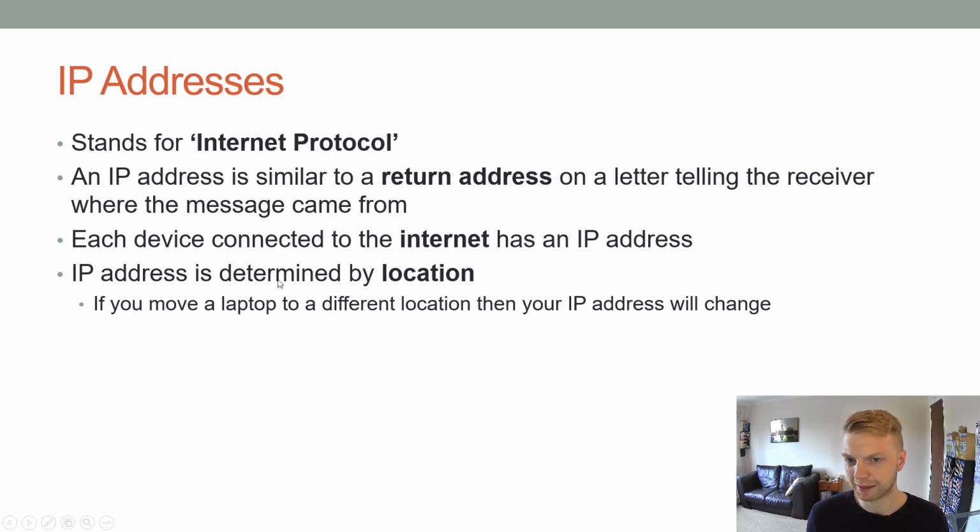But if you take that laptop somewhere else and connect to that network, the IP address is going to change. Same way, if you've got 4 laptops or phones in your house, each one is going to have its unique IP address. They're all going to be very similar, but the last little bit will be different, so you can tell them apart. And that's what an IP address is.